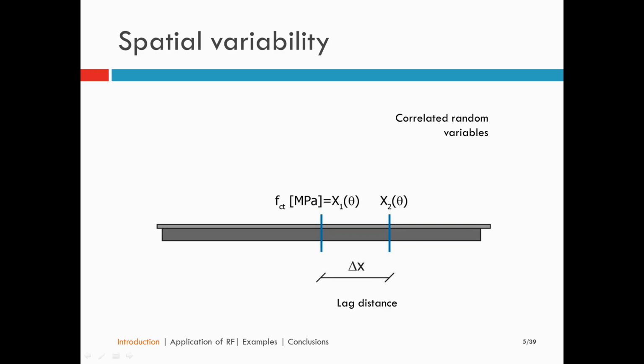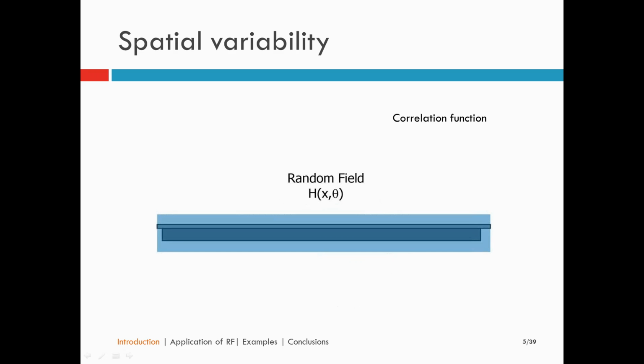But if we do not want to consider only two points in the bridge, but the full length of the bridge, then the concept of the random field comes into play. This is a mathematical description of any property, and it has to do with spatial variables and statistical variables.